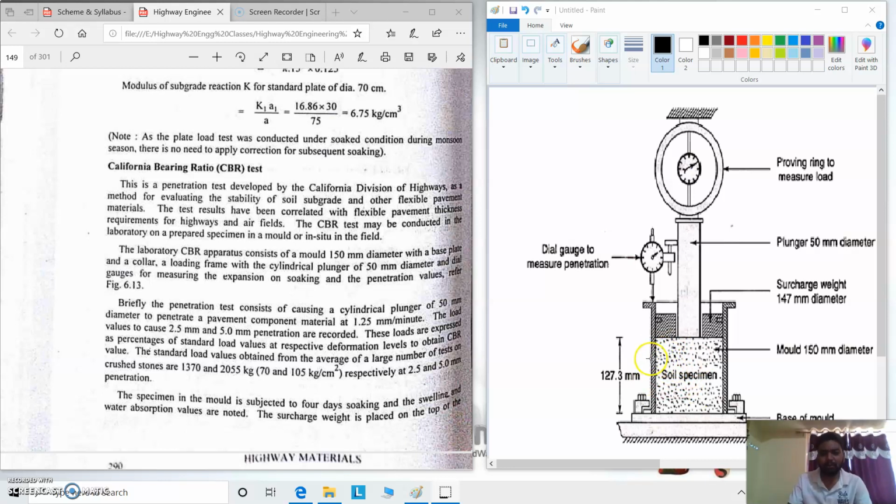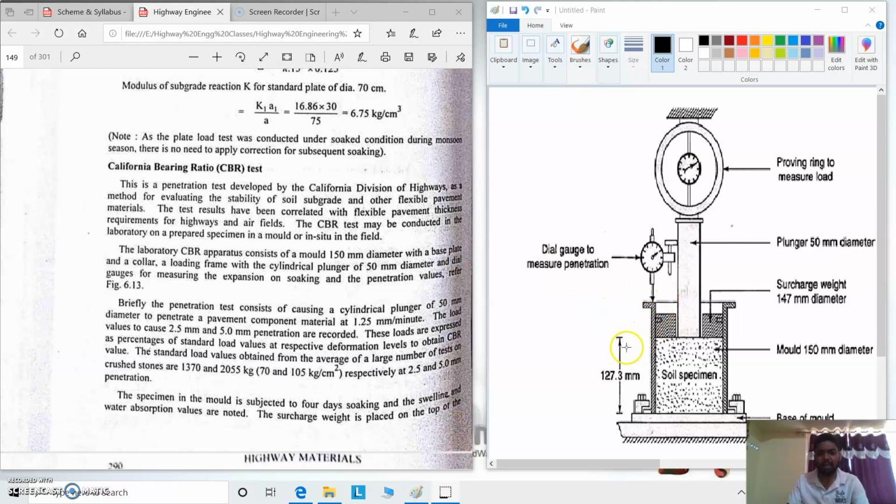Whatever penetration values you get are based on the particular load, which is applied by a hydraulic arrangement, and the penetration is given in mm. The load and penetration curve will be obtained later using the results.